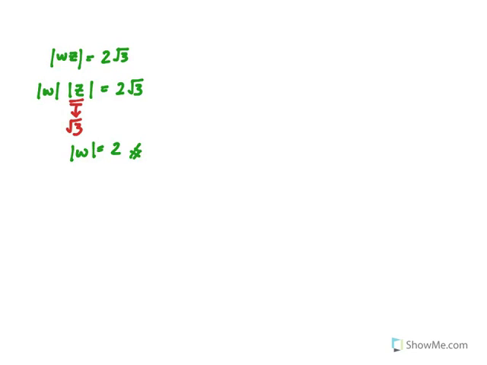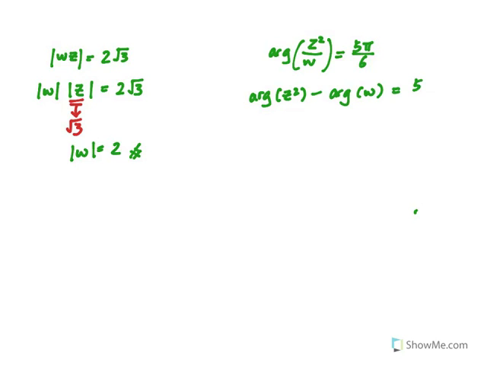Next up is to look at the argument of w. We know earlier that the argument of z squared over w equals 5 pi over 6. For the argument of a quotient, we can split this up: it equals 5 pi over 6, and the argument of z squared can be written as 2 times the argument of z. All these are from your knowledge of the properties of complex numbers.